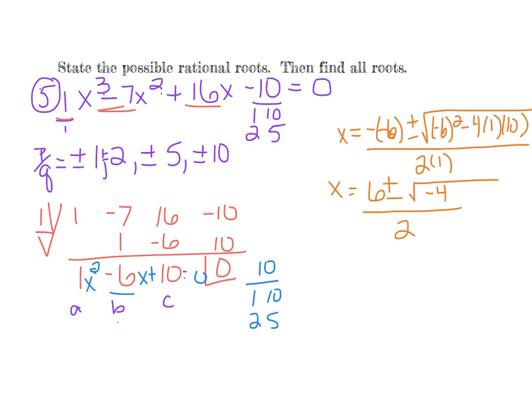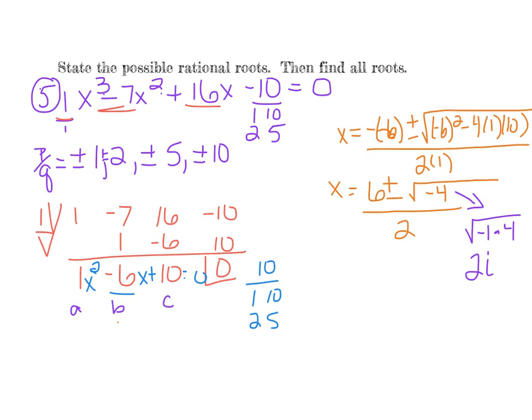So let's take a look at how we can simplify this radical right here. I have to remember this is the same as -1 times 4, and the special thing about the square root of -1 is we represent it with the letter i. And then the square root of 4, hopefully you remember, is 2.